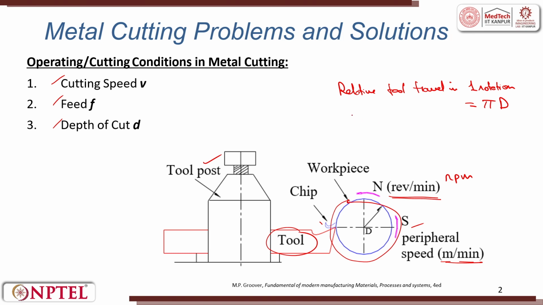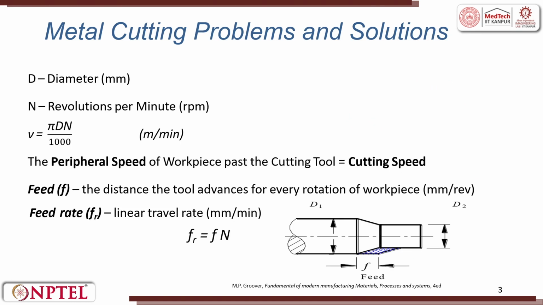Then the peripheral speed correspondingly could also be put as pi d into n. Now, if we are given the diameter and the RPM, that is the rotational speed, we can calculate the cutting speed or the peripheral speed by pi d n by 1000.